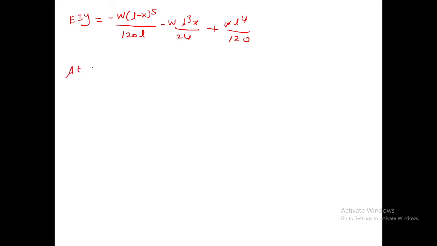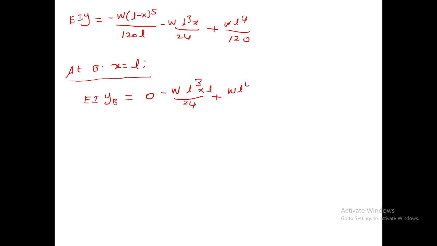At B, x equals L. So EI deflection at point B equals minus WL cube into L divided by 24 plus WL power 4 divided by 120.